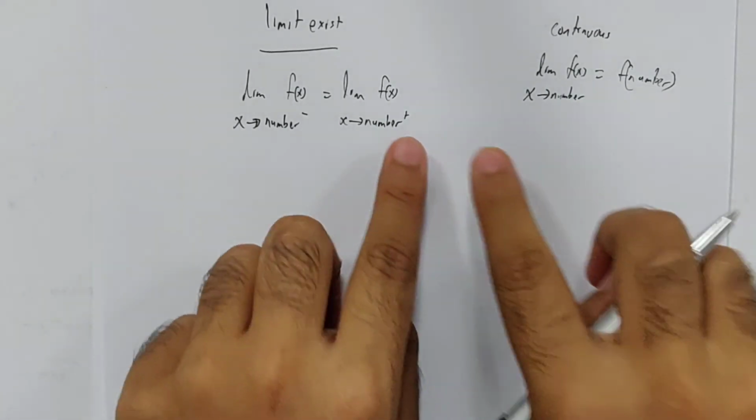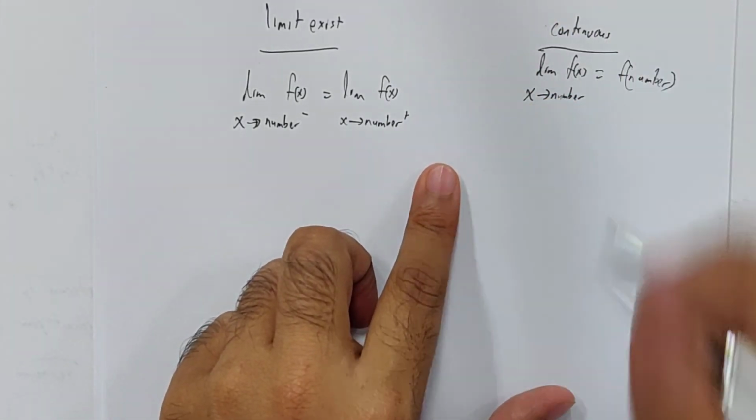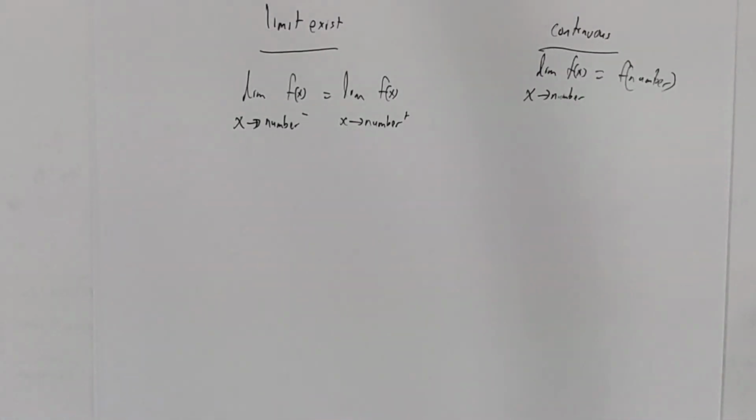So when it satisfies this one, then only it's continuous. Okay, let's try a few examples. I'll be fast on this one since we want to do other topics.